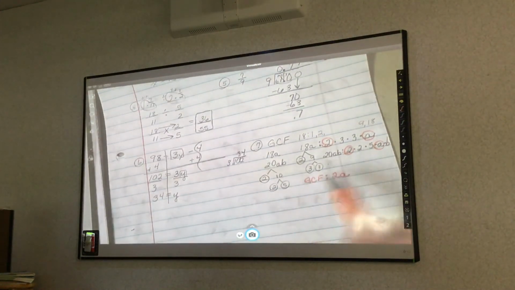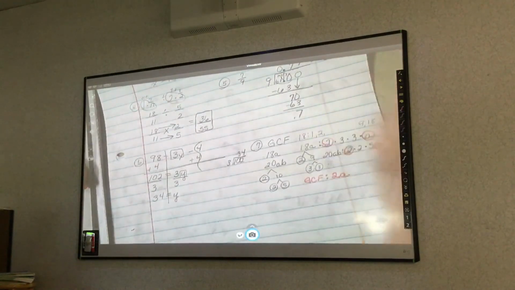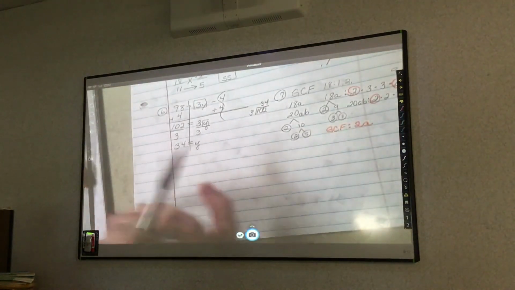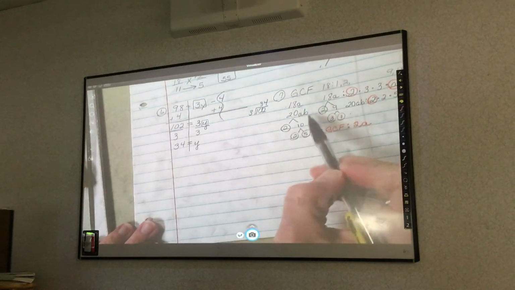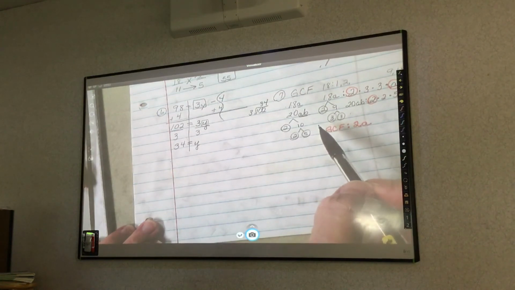This is 2 times A. So whenever you start getting letters with it, use a prime factorization to find your greatest common factor.